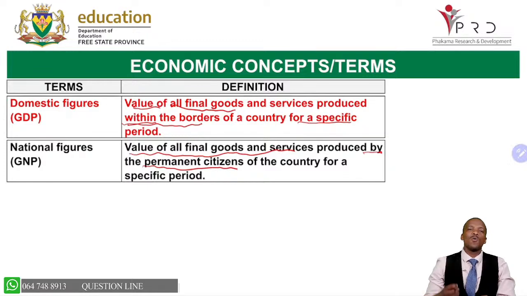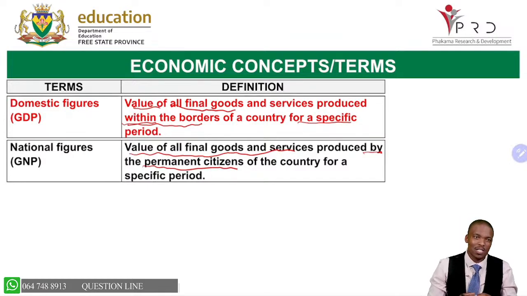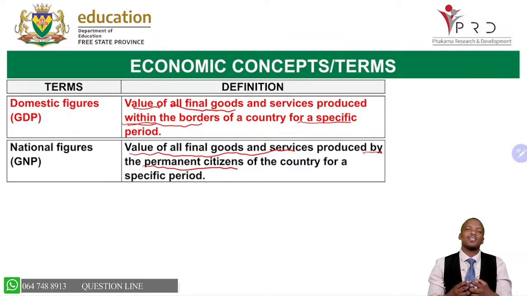However, when we calculate national figures, we will exclude non-South African citizens. Hope this is clear, grade 12s. For national figures, we are only looking at permanent citizens of a country. So when we ask you to briefly describe the concept gross national product, you will start by saying, this is the value of all final goods and services produced by permanent citizens of a country.